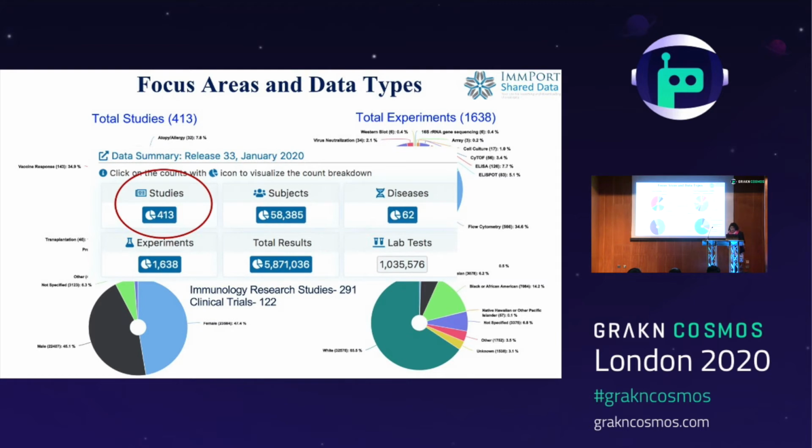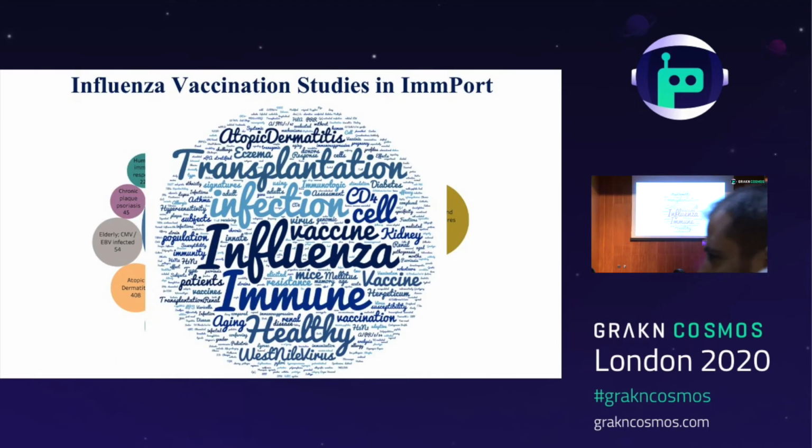But that's how it is, and right now there's a lot of initiative going on focusing on the underrepresented communities as well. In terms of immunology clinical research studies, we have 291, and 122 clinical trials that are getting shared. The database gets updated quarterly, and we just updated in January 2020. So these are the numbers from there.